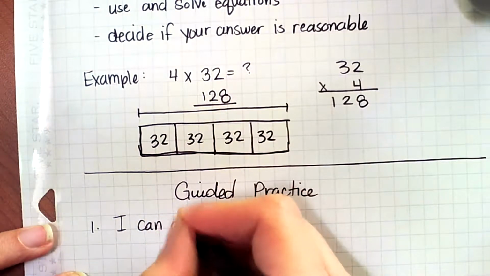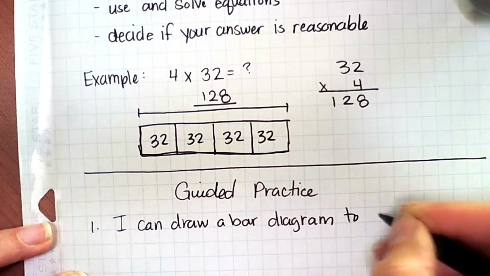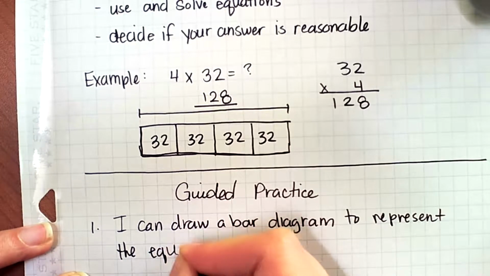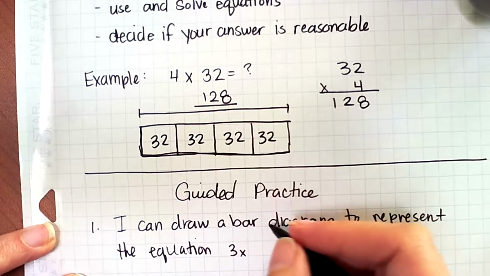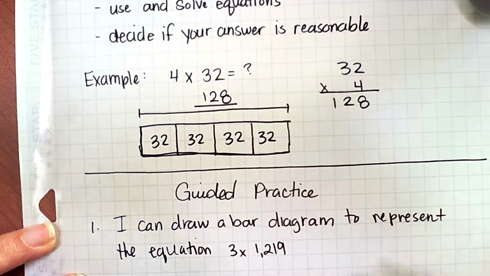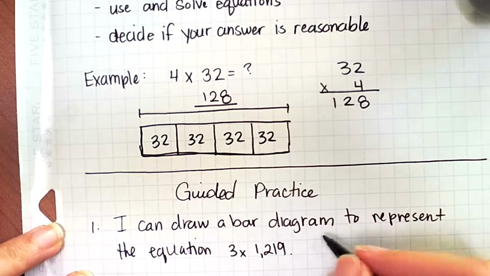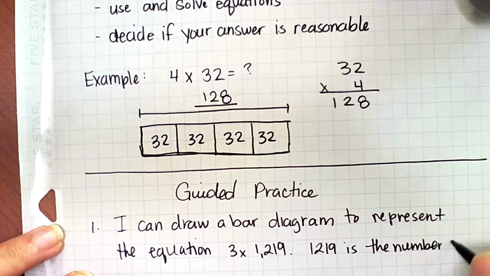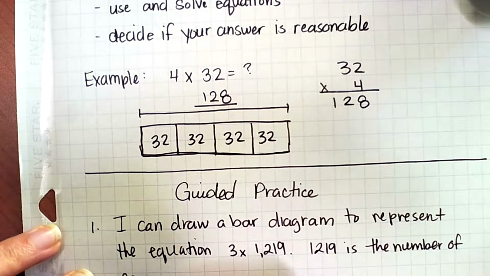I can draw a bar diagram to represent the equation 3 times 1,219. 1,219 is the number of card boxes.